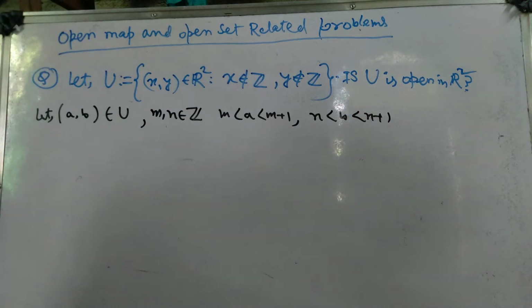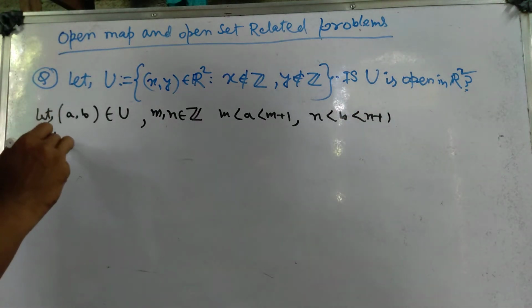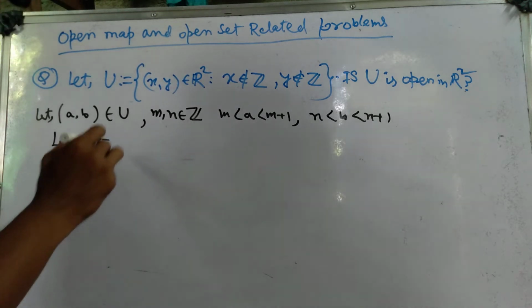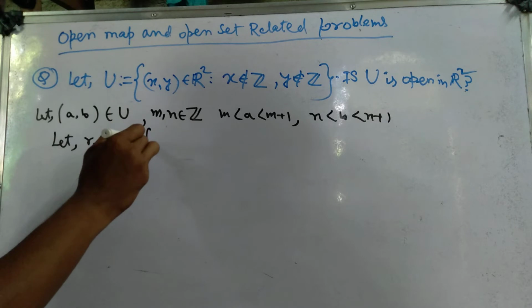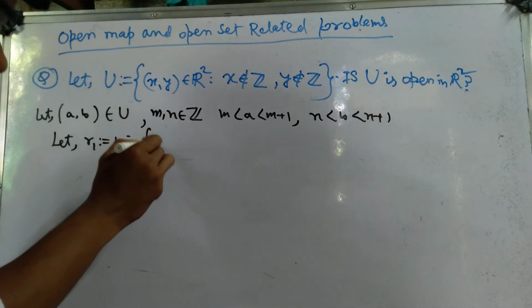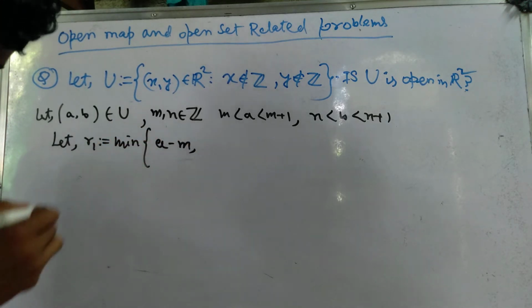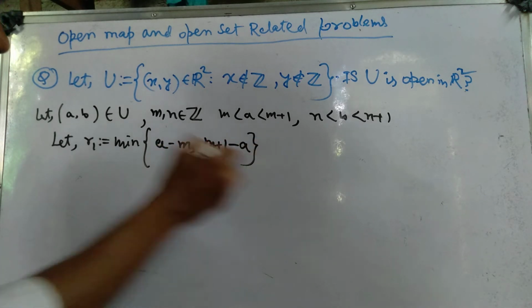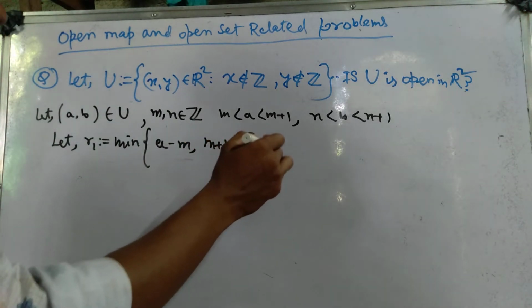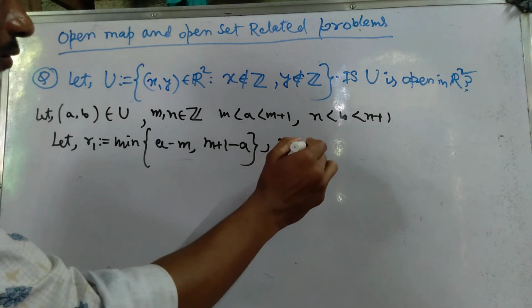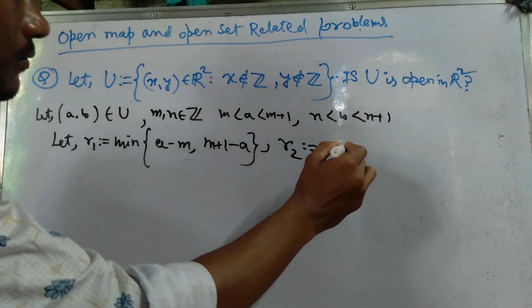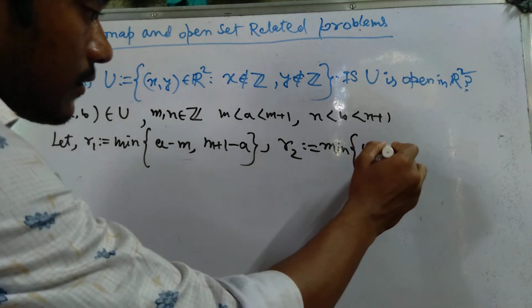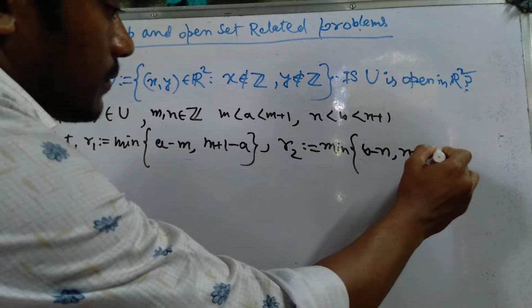Let r1 equal to the minimum of a minus m and m plus 1 minus a, and r2 equal to the minimum of b minus n and n plus 1 minus b.